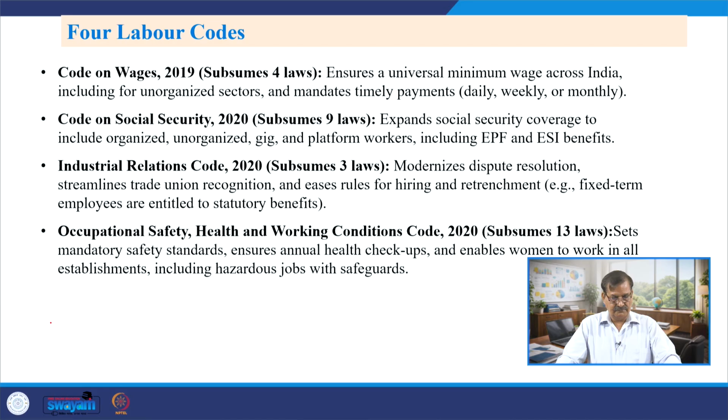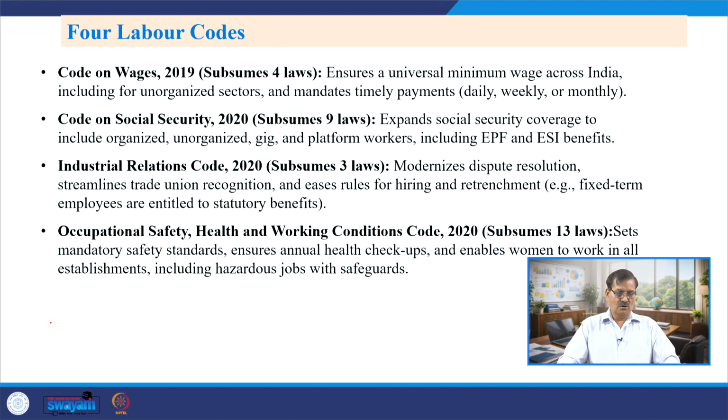Let me briefly discuss that recently some labor market reforms have been made, and these are considered a breakthrough in labor market reforms. Several outdated laws have been eliminated, and they have been merged into four broad labor codes.